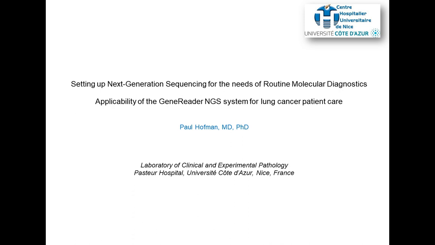I would say that it took around 2 months to set up an NGS workflow. But if we wanted now to set up the NGS workflow using the GeneReader system, I would say that this time would be reduced to around 1 month.